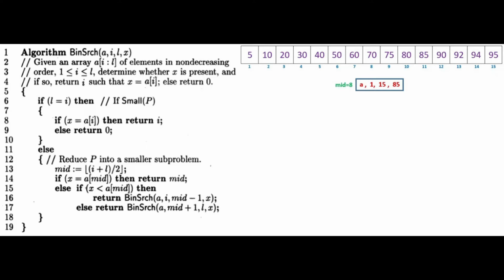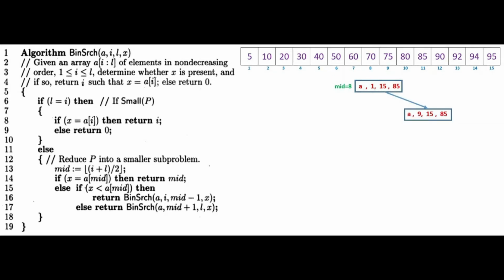If the condition is false, then execute the second recursive call, and we go to the right subtree and pass the parameters. Here the condition is false, so we execute the second recursive call and pass the parameters A, mid plus 1, L, x. That is, we pass A, 9, 15 and 85 to the right subtree.